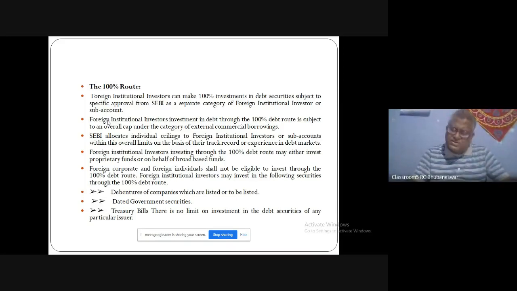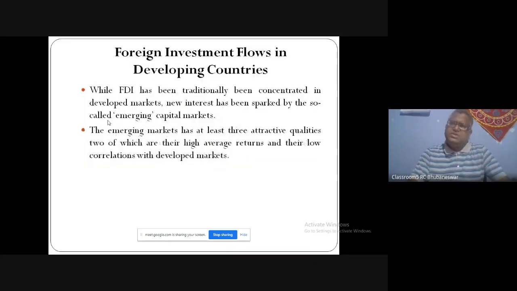Dated government securities means that several times foreign institutions invest in government companies in different ways, and through treasury bills also. There is no limit on such issues when taking foreign investment into consideration.